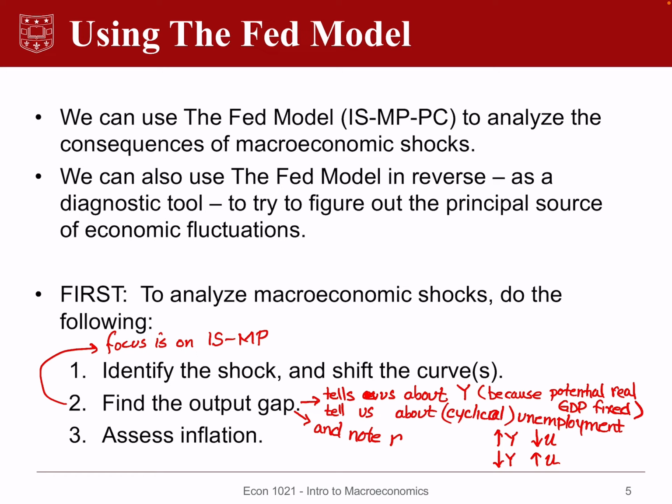And then the third thing to do, the third step, is to assess inflation. And what we do is, for the specific output gap, use the Phillips curve to identify unexpected inflation.